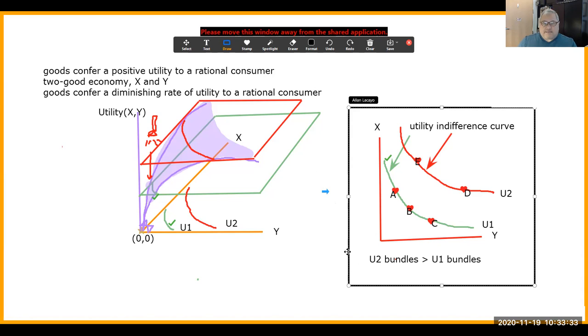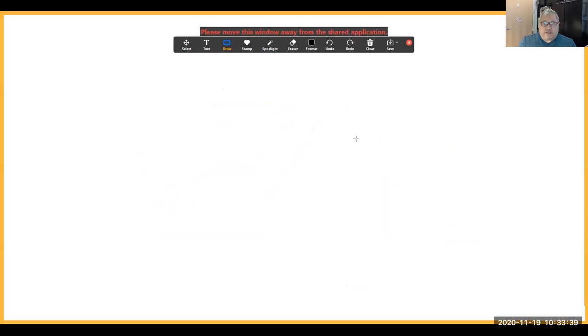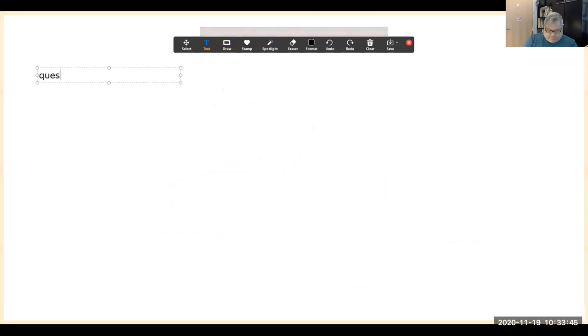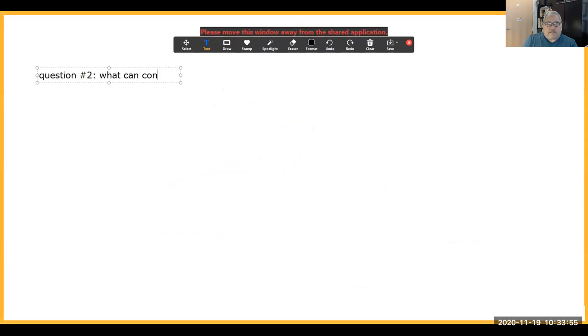Okay. The second dimension of a consumer behavior model is one that takes into account what people can afford. Okay, so question number 2 that a theory of consumer behavior must tackle is, what can the consumer afford?